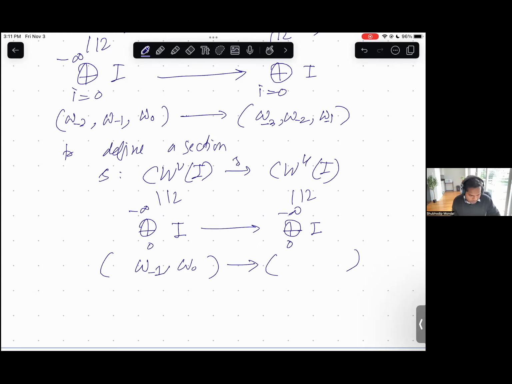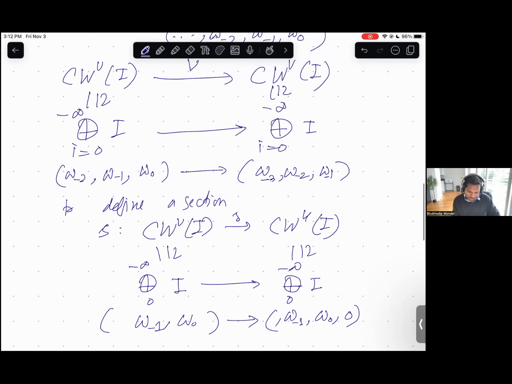This map can simply be constructed by adding a 0 here. And then by definition, this is clearly additive. This also gives a section to the map that we had.